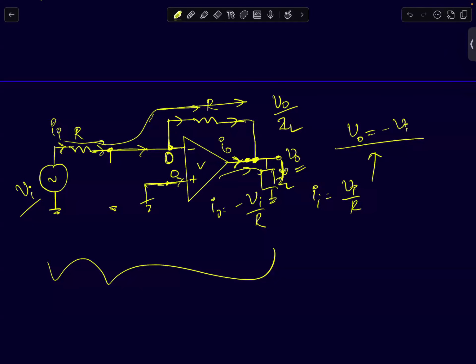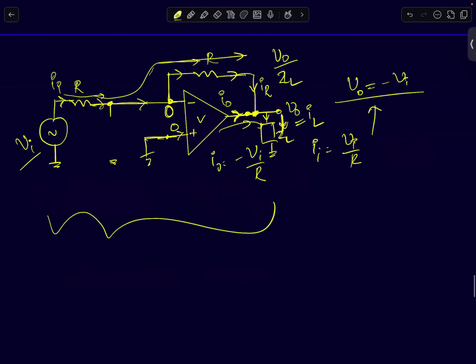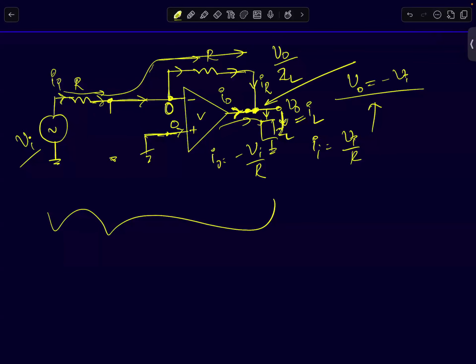Let's call this current IR, and let's call this current IL, the current to the load resistance. If you apply KCL at this node, your output current is going to be minus IR plus IL. Minus IR is simply minus of Vi by R, plus V naught by ZL.